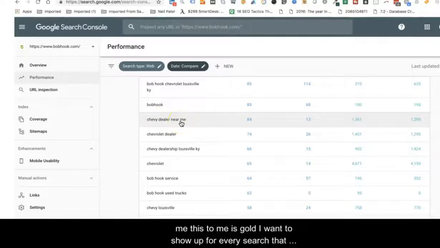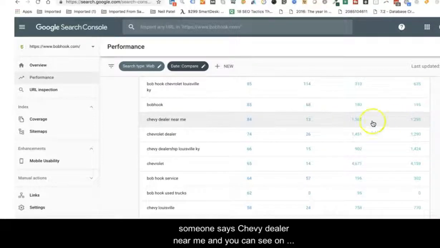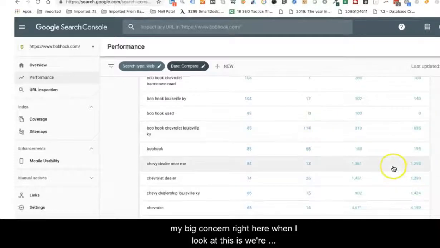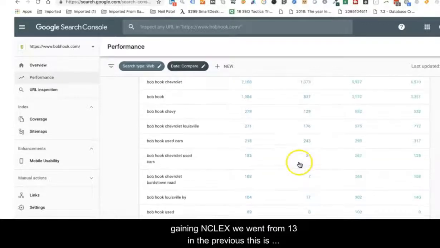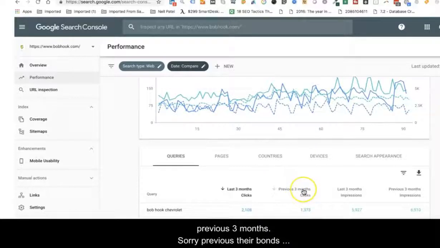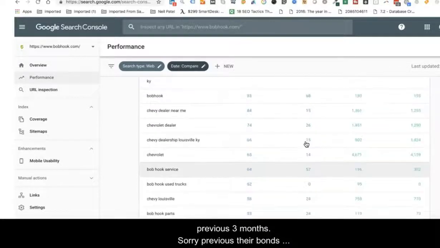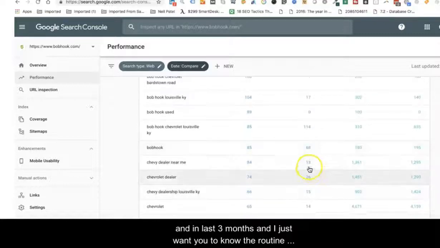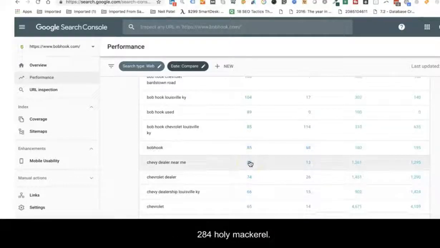I want to show up for every search that someone says Chevy dealer near me. And you can see my big concern right here is we're gaining in clicks. We went from 13 in the previous 3 months to 84 in the last 3 months. Holy mackerel.